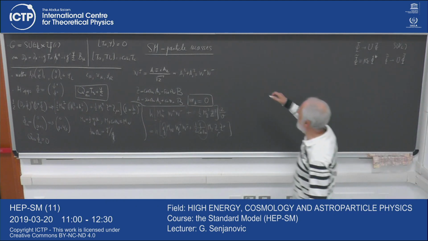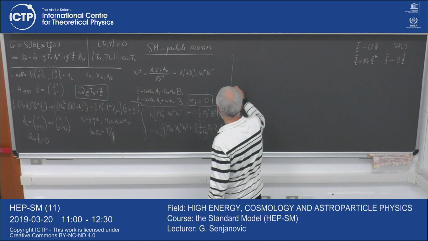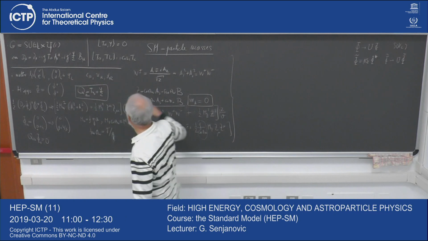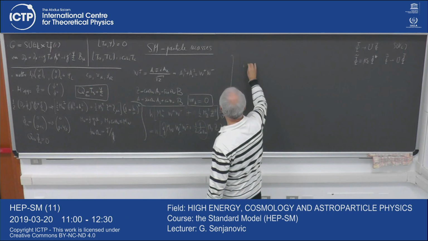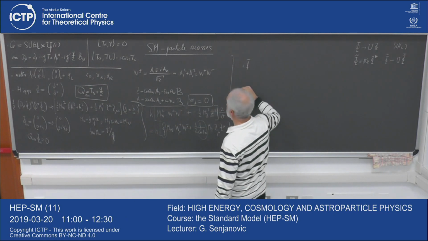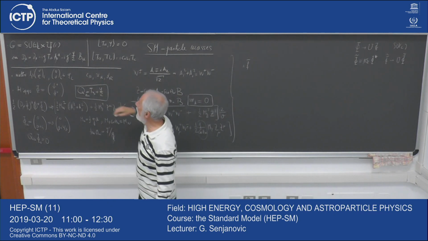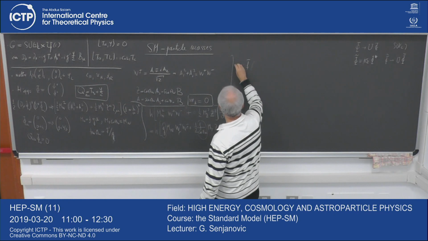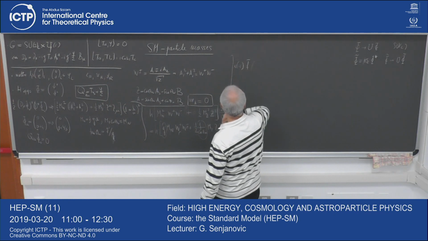We said we'll check that the couplings come out right. They come from here. So whenever you have a fermionic field, you have ψ̄ minus i in the covariant derivative. So why do we write i and minus i from the covariant derivative?